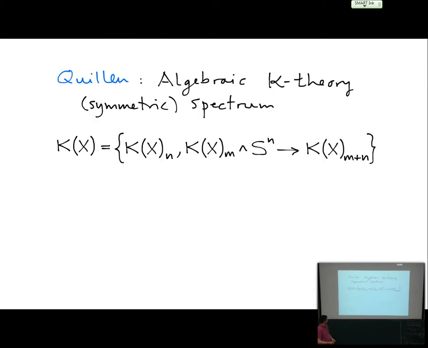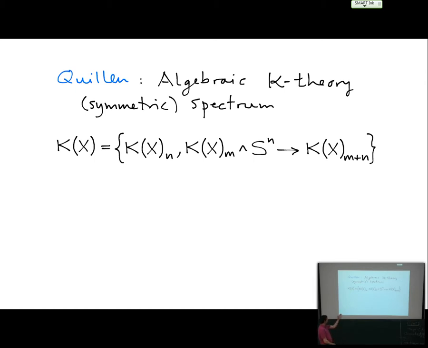And Quillen found a way to extend this to define higher K groups. So Quillen defines a K-theory spectrum. It's a sequence of pointed spaces, K of X n, together with maps from the m-th space smash the n-sphere to the (m plus n)-th space.